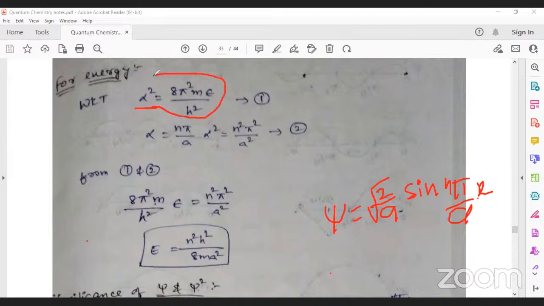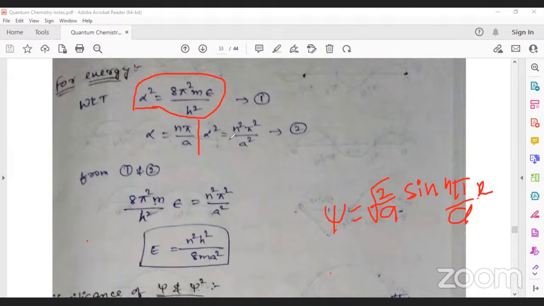When we say alpha square is equal to this, then only we will get a second order differential equation and we choose a solution of that equation. And we also get one more relation of alpha, that is alpha is equal to n pi by a.